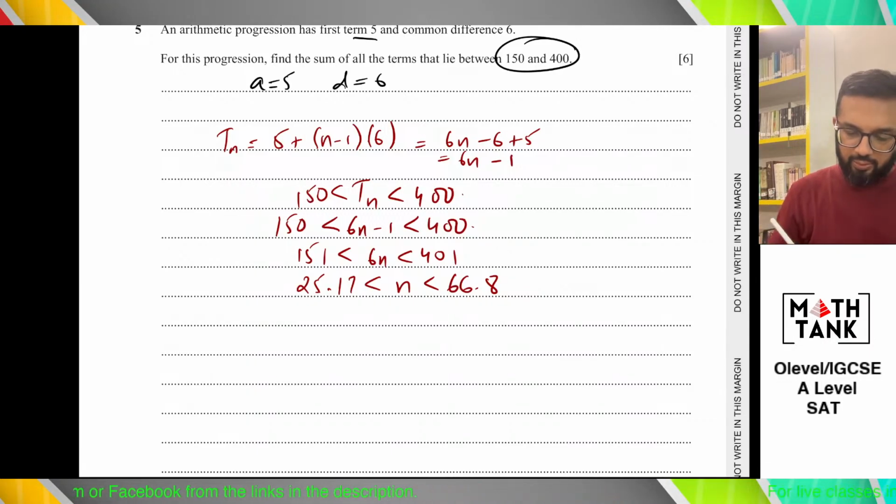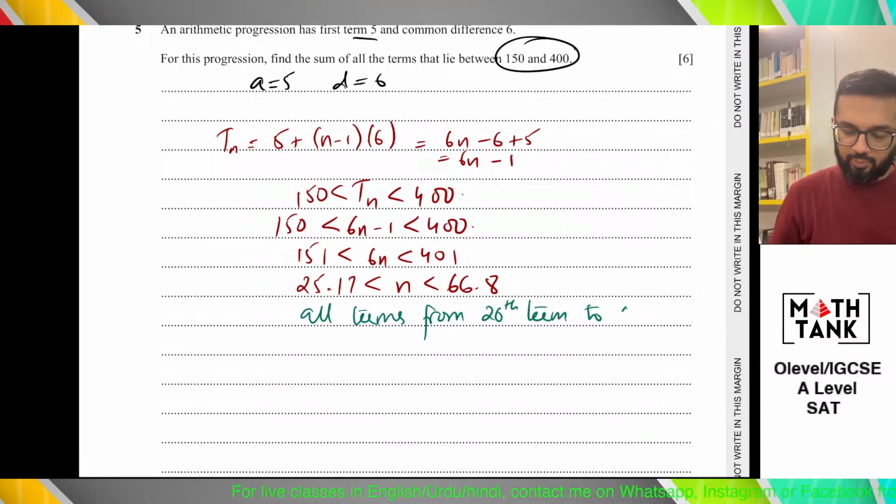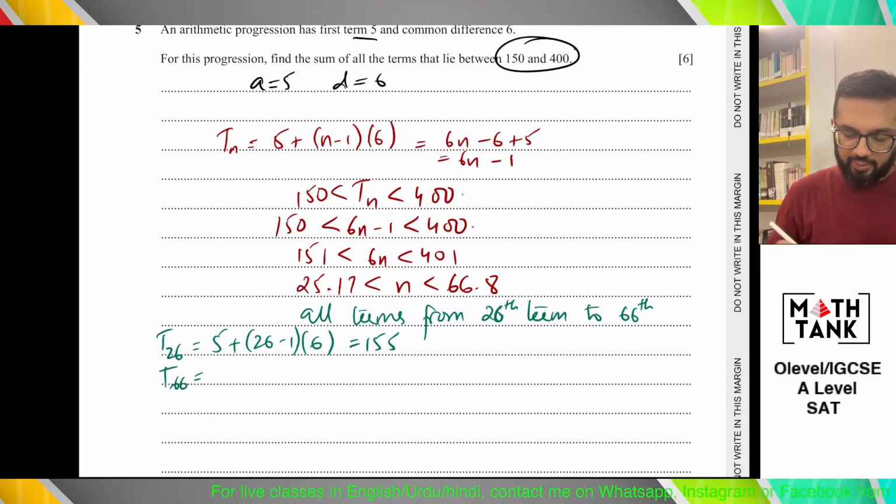So I am looking at all terms from 26th term to 66th term. So what is the 26th term? It's a plus n minus 1 d. So 5 plus 25 into 6. 155. That's term number 26. It's term number 66. It's 5 plus 65 times 6. 545.